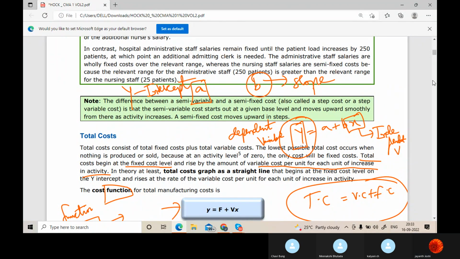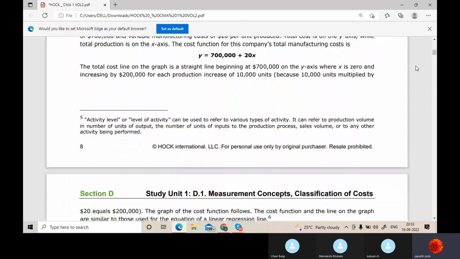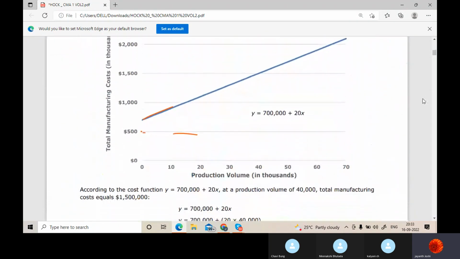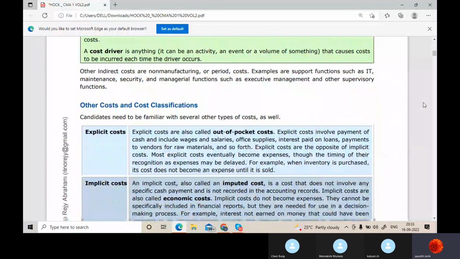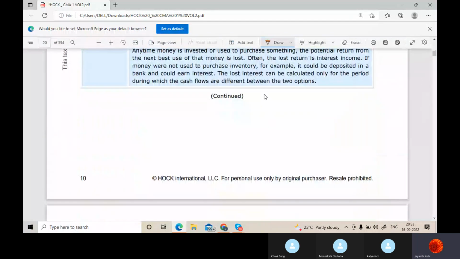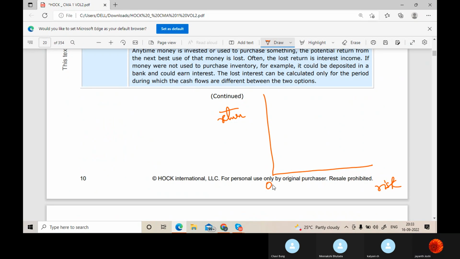Okay. So if I take a graph like this, imaginary graph, let me draw here. This is return and this is risk. So this is origin. The risk is 0. Okay, the graph starts at the risk-free rate, let's say 4%. From here the graph starts, and here the risk you can see 1, 2, 3.